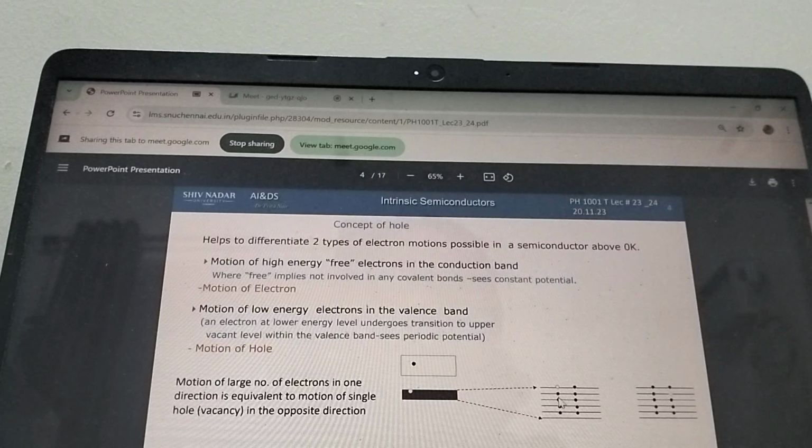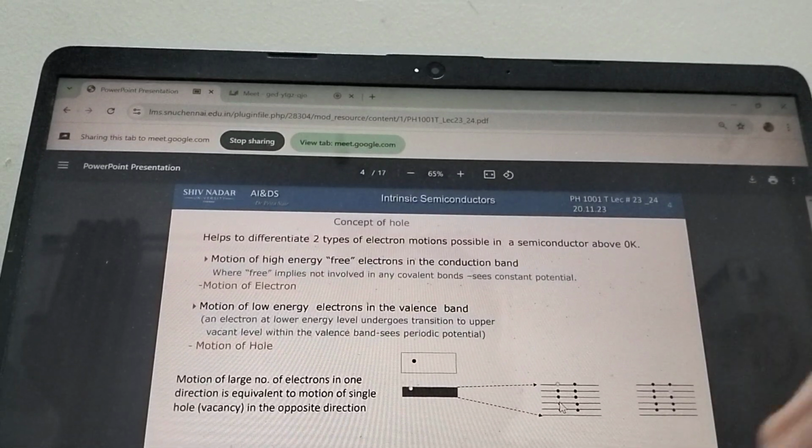Now what happens is, from one of the lower levels in the valence band, an electron moves up and a vacancy is created here. Then another electron moves up and a vacancy is created here, and so on until the vacancy is present in the lowest or in one of the lower orbits.